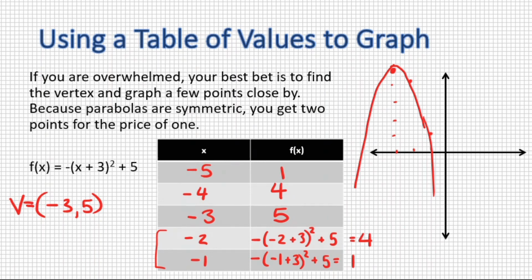So find the vertex, find a couple points heading one way, and then equidistant in the opposite direction, either to the left or to the right, you will have the same y values. So this matches here because you're 1 away from the vertex, and this matches here because you are 2 away from the vertex. Ideally, you get your 3 key points, but if you don't, this will allow you to barf out a graph.